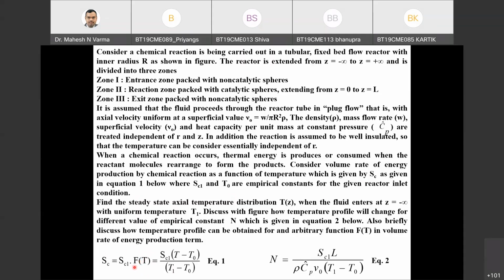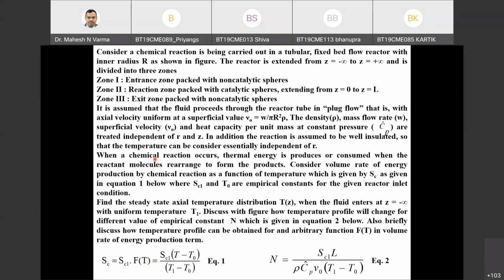It depends upon the given reaction. Here f of T equals (T minus T0) divided by (T1 minus T0). This function of temperature can be any arbitrary function. Sc depends upon temperature.